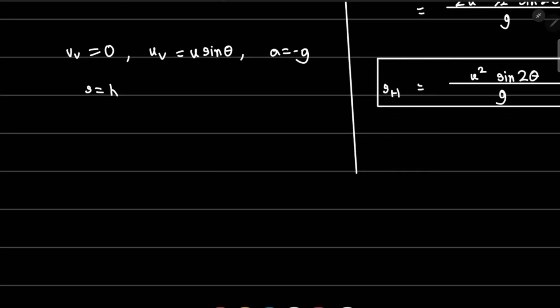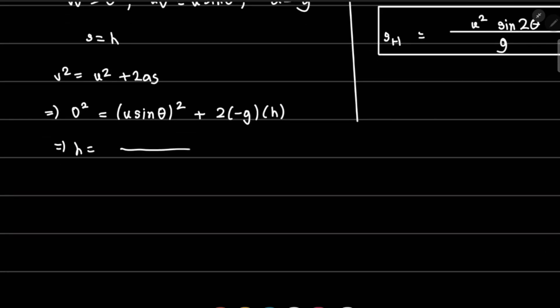We don't have t over here, so we use v squared equals u squared plus 2as. v squared is 0 squared, u squared is (u sin theta) squared, and then you have 2 times minus g times h.